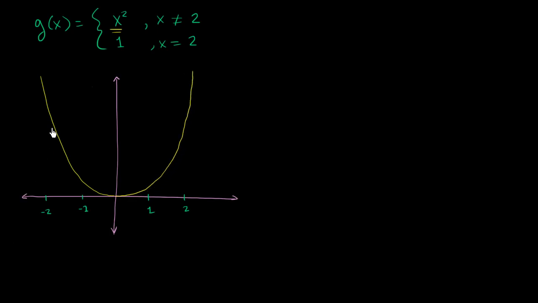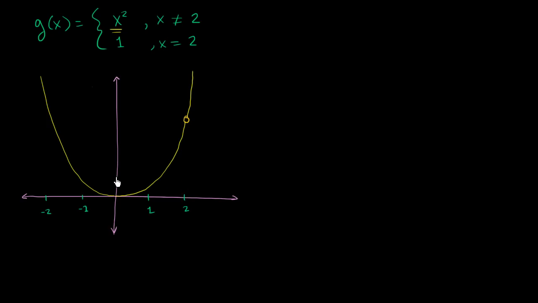All right, now this would be the graph of just x squared. But it's not x squared when x is equal to 2. So once again, when x is equal to 2, we should have a little bit of a discontinuity here, so I'll draw a gap right over there. Because when x equals 2, the function is equal to 1.